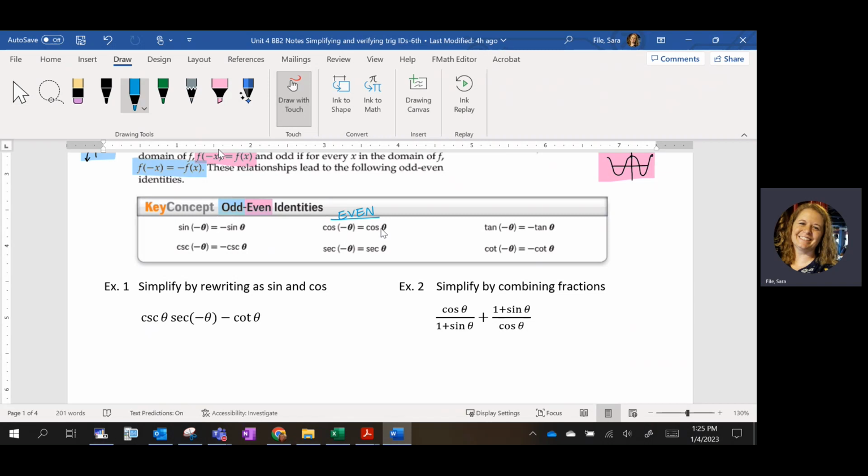So I can just drop the negative. Okay, but sine is odd, as is tangent, which means their reciprocals, cosecant and cotangent, are odd as well. That means if there's a negative input, we can bring that negative and put it outside the function.